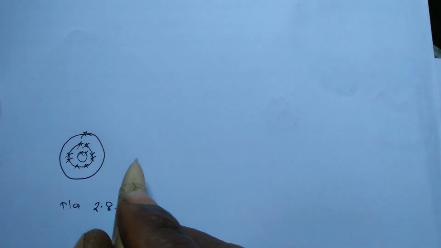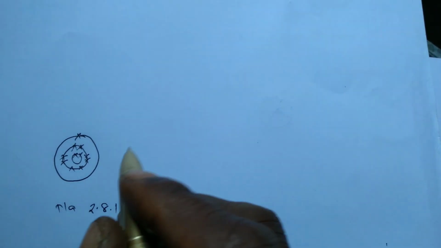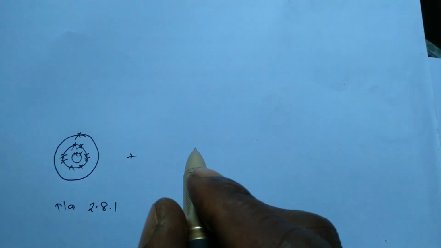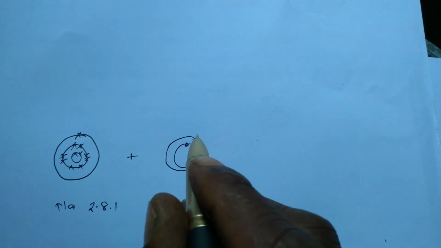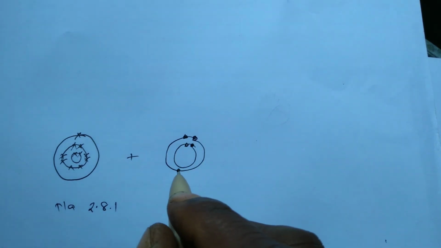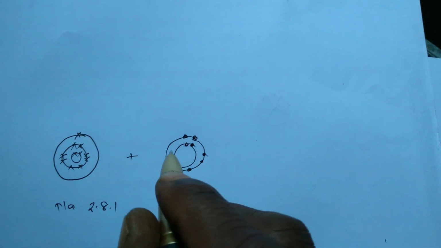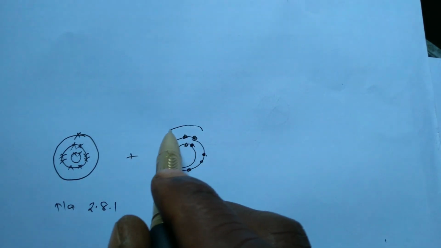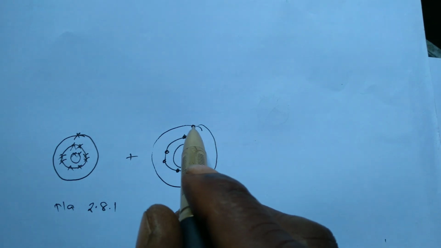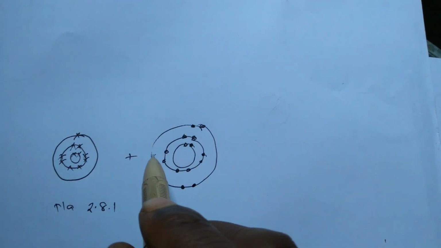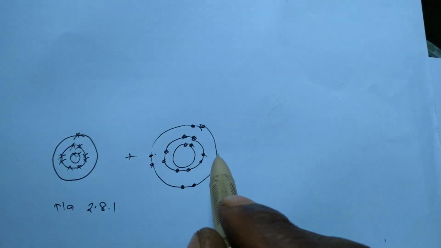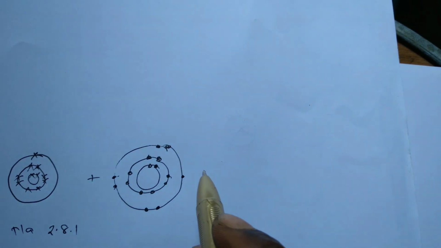That means sodium has the electron configuration 2.8.1. And then we have chlorine, where we use dots to represent electrons. It has 7 in the outermost energy level, then 8, then 2. So when they form a bond, we expect that sodium will lose this 1 electron to chlorine.